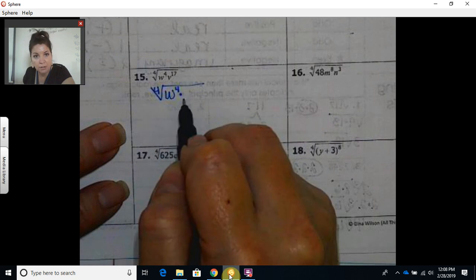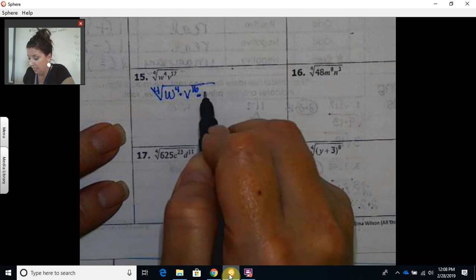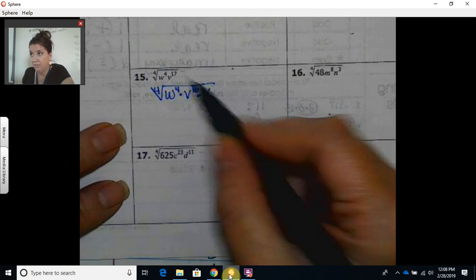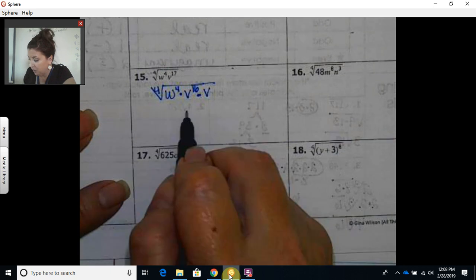Does it have a perfect 4th factor? 16, right? So I would replace v to the 17th with v to the 16th times what? V. Because v to the 16th times v makes v to the 17th. I just wrote it in factors that have a perfect 4th root. Okay, everything's not a perfect 4th, so I know I'm still going to have a radical in my answer.